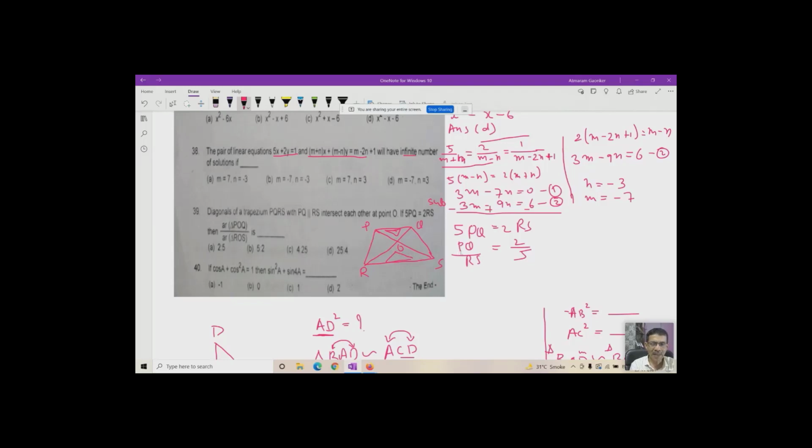And the ratio PQ upon RS is given 2 upon 5. So this ratio will be equal to PQ upon RS the whole square. So that is 2 upon 5 the whole square, and this is equal to 4 upon 25. So correct answer is C, 4 upon 25.